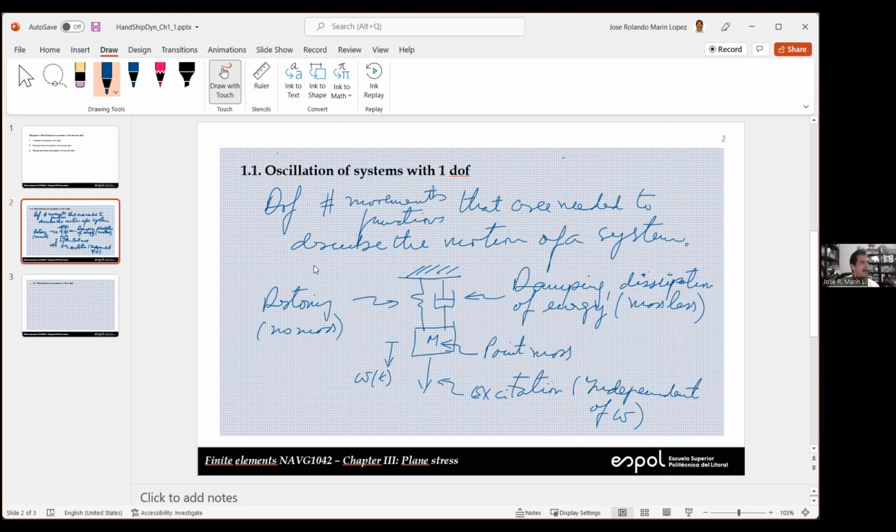Remember, Miss Hidrobo, do you remember what does the fact that this device doesn't have mass? Is there anything special about that? Do you remember from mechanical vibrations, when something doesn't have mass? For example, similarly with the damper.